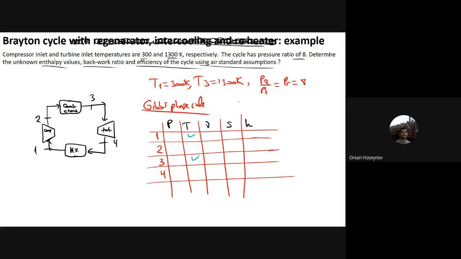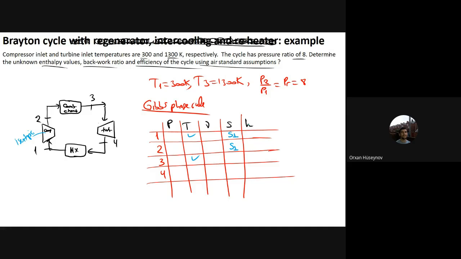Now let's see what we can do for this process here. For states 1 and 2, it is isentropic. That means this one has an entropy of S1, and this one also has entropy S1.